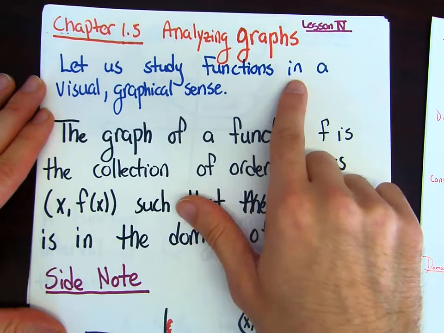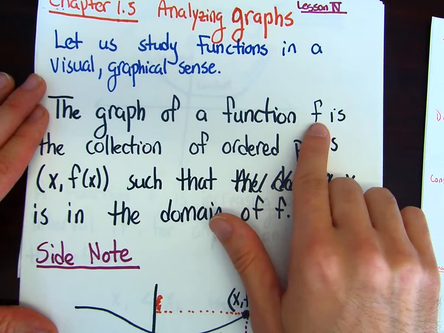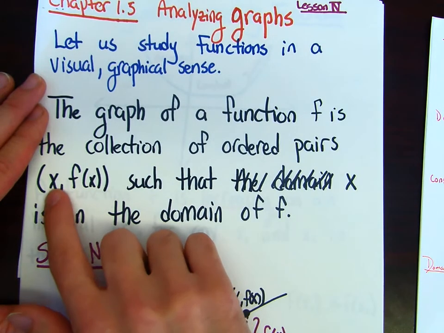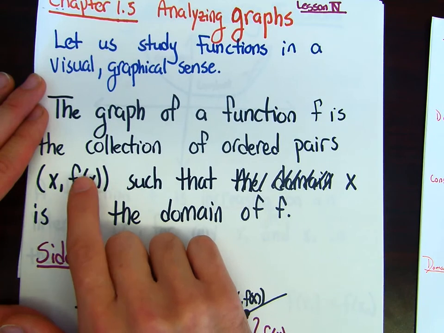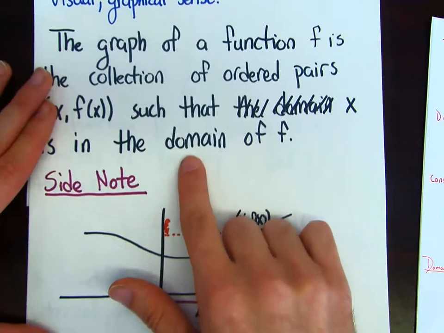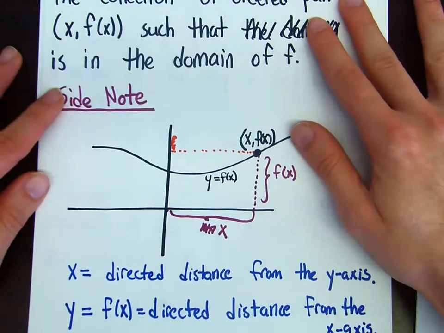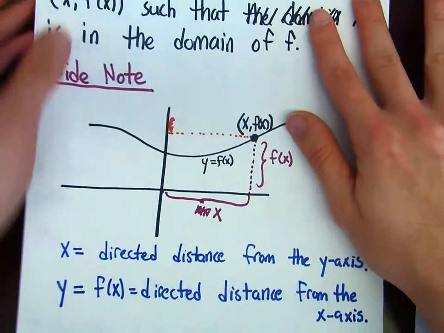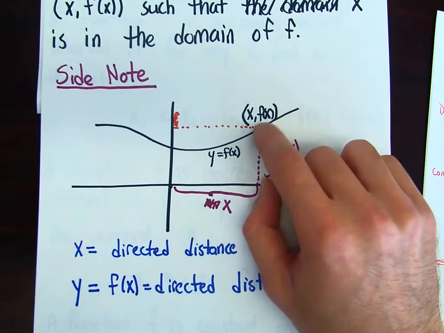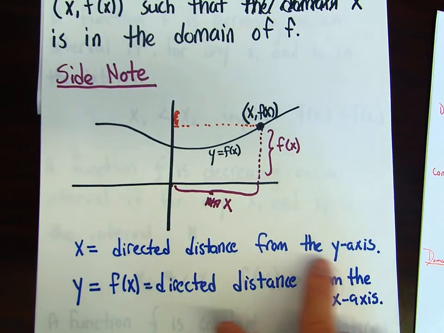Let us study functions in a visual and a graphical sense. The graph of a function f is the collection of ordered pairs (x, f(x)), where x values are my x values, f(x) are my y values, such that x is in the domain of f. So we'll talk about domain if we're not too comfortable with this terminology, but just the idea that for any function f, if this is our function over here, our x value would be the distance from the y-axis.